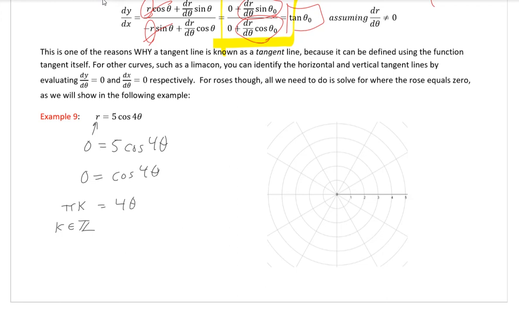So 0, pi, 2 pi, 3 pi, and so on. Sorry, that's for sine. Cosine is equal to 0 at pi halves plus pi k. That's where cosine equals 0: at pi halves, 3 pi halves, 5 pi halves, 7 pi halves, etc.